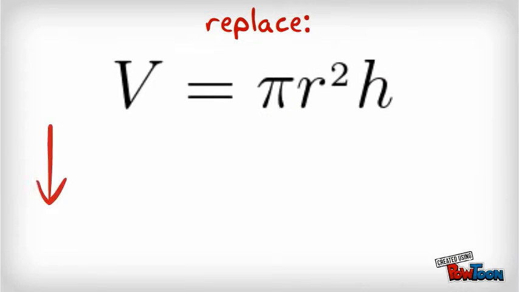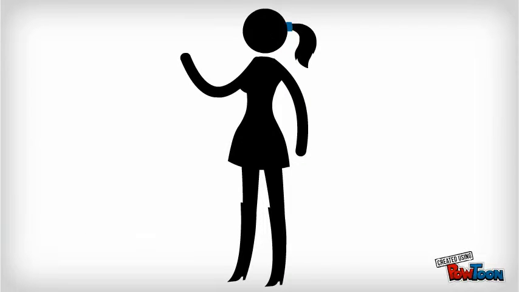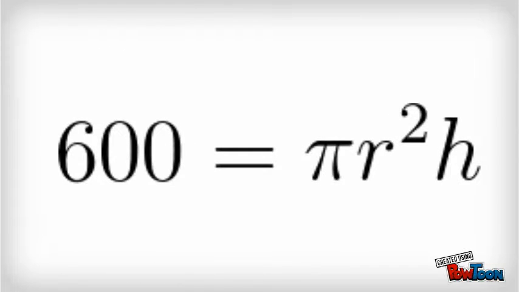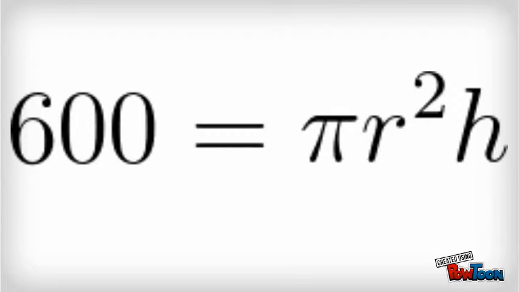First, we need to replace the volume of the formula with 600 cubic centimeters. The formula will look like this: 600 = πr to the power of 2 h. In order to clear h, which is height, we need to move the πr to the power of 2 to where the 600 is.